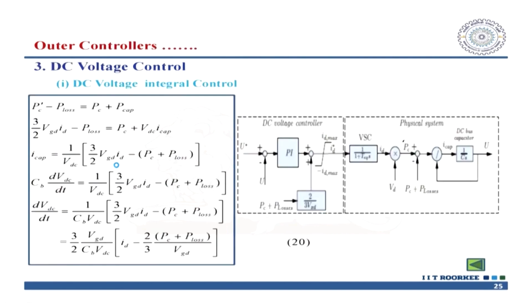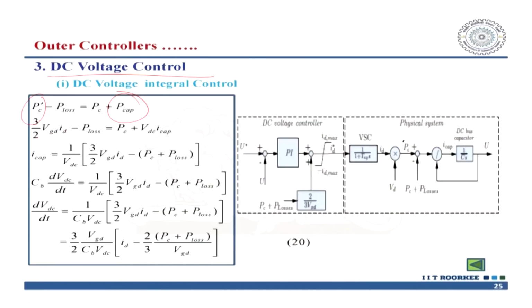So, now we have a DC voltage control. The DC bus is required to maintain some voltage, and for this reason we require a control. So, PC prime equals minus PC loss equals PC plus the capacitor power, because there is an ESR and other issues.